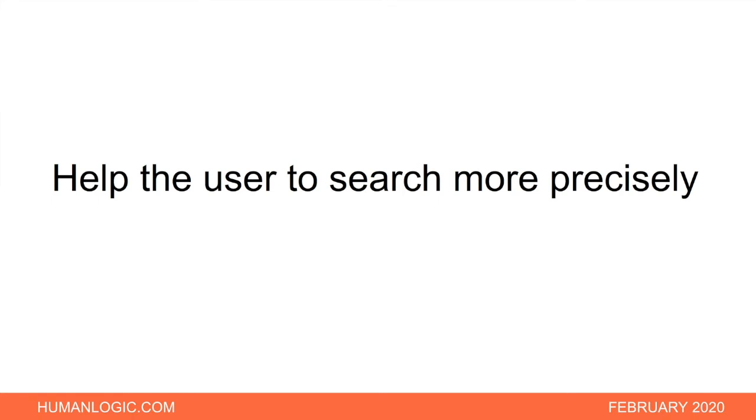And the first one that we apply is really to help the user search more precisely. So instead of just searching for a simple text string, is there some way that we can prompt the end user to allow them to create a more exact search? And the most common of this is the faceted search.